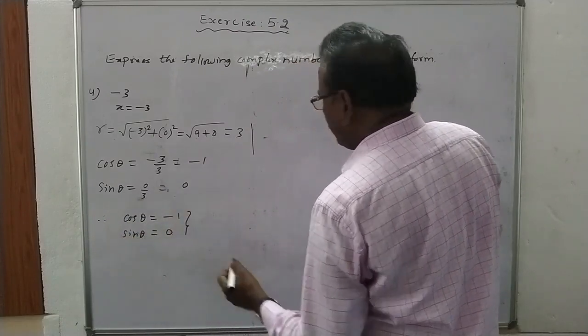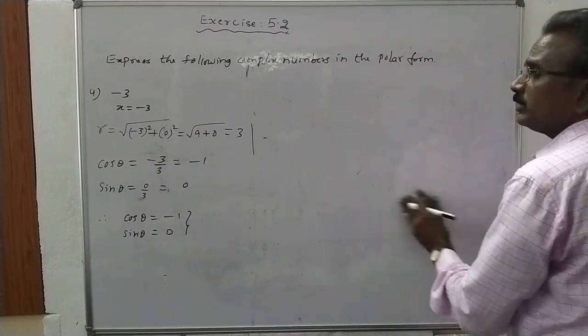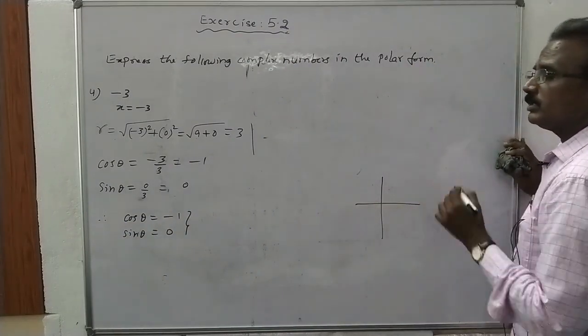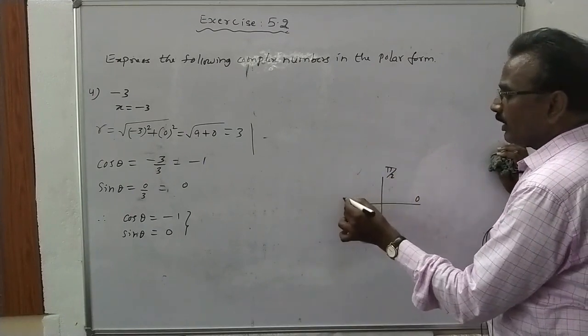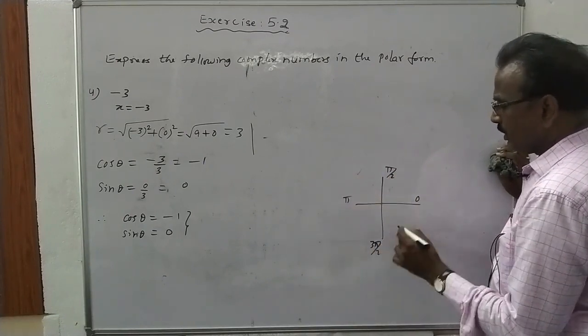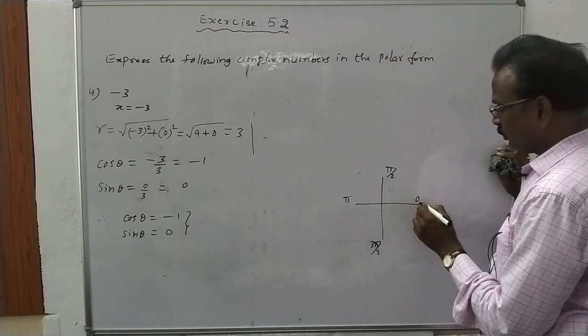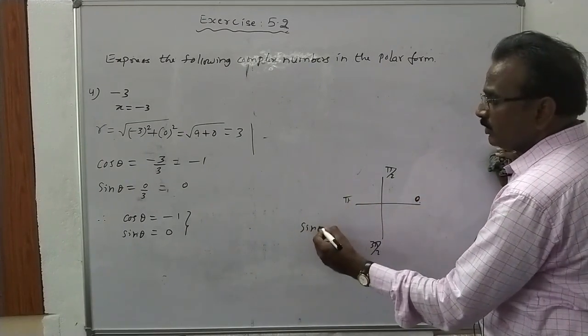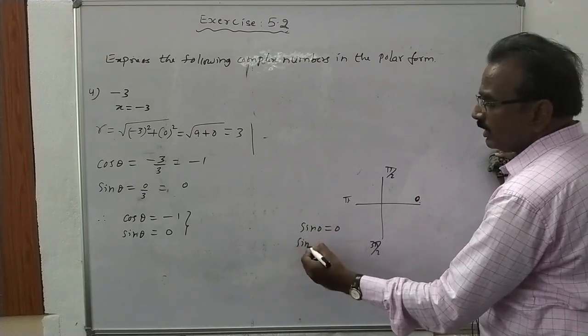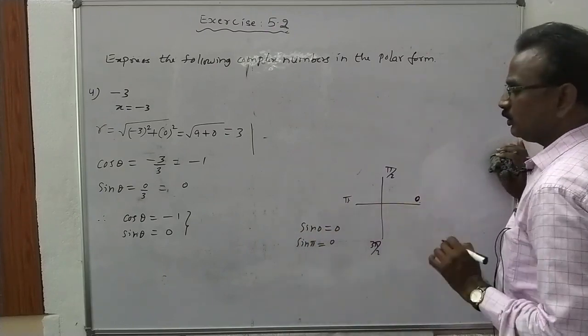So what is the value of theta that satisfies these two equations? Now see this: 0, pi by 2, pi, 3 pi by 2. Sin 0 is 0, sin 180 degrees, that means sin pi value is also 0.